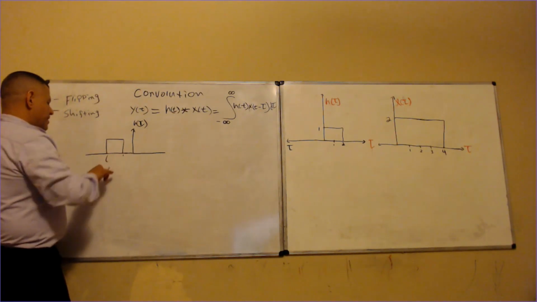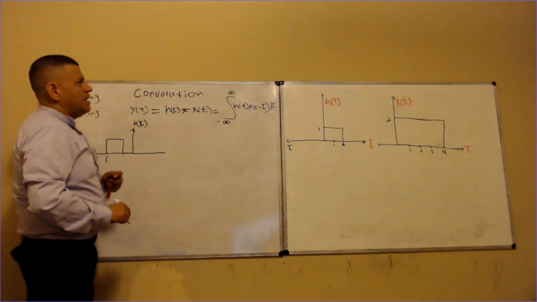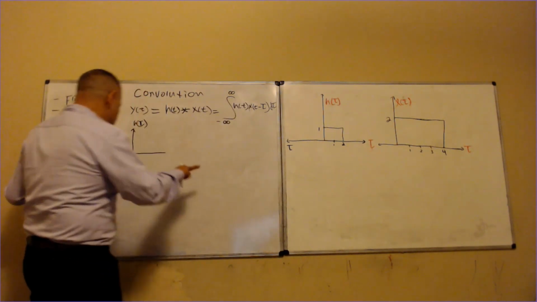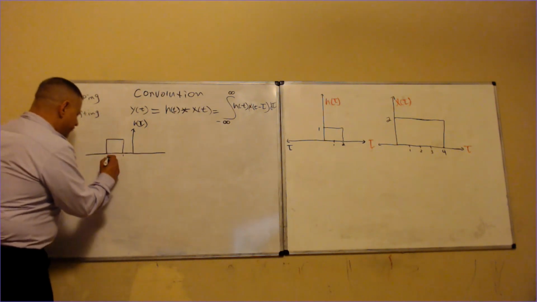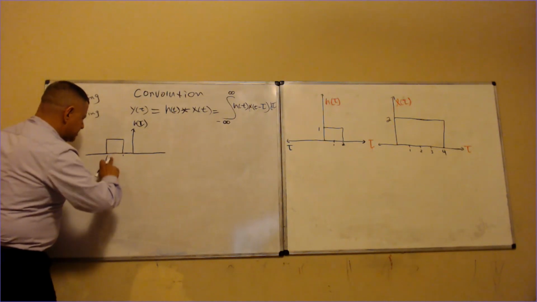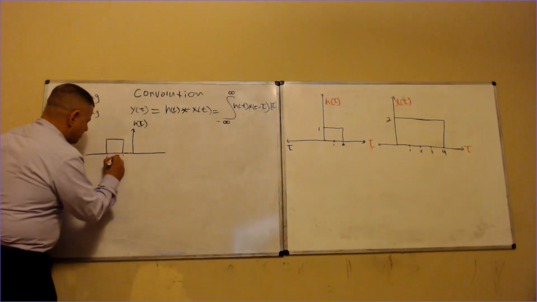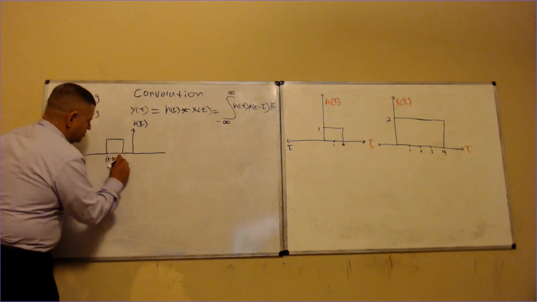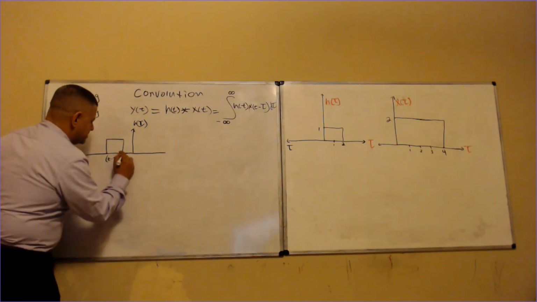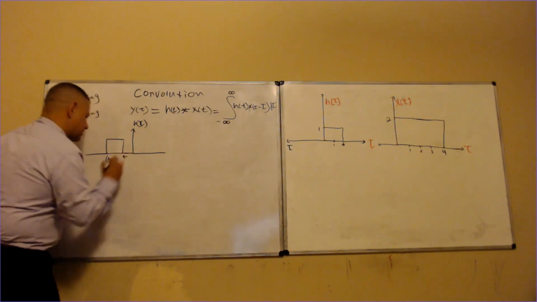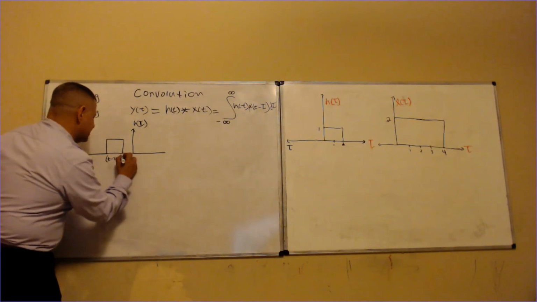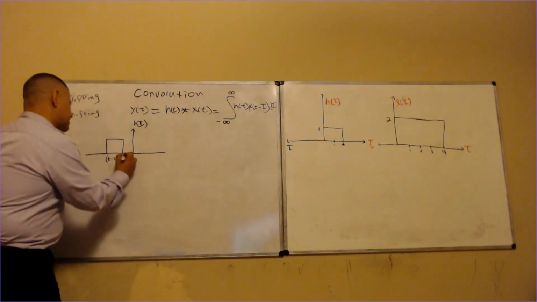But then we have to add t, and the t is going that direction. So therefore, it's going to be t minus 2, and then this is just t. So this is a regular t. This is not tau. This is t.